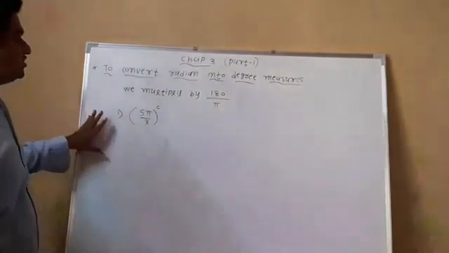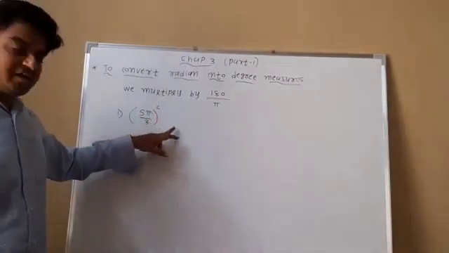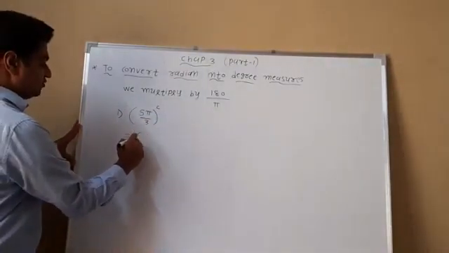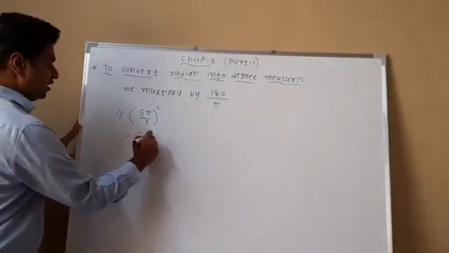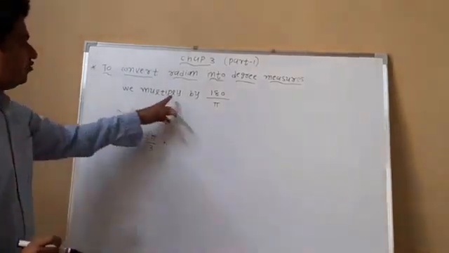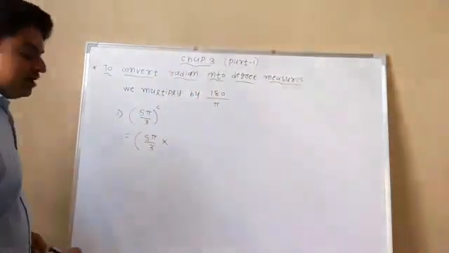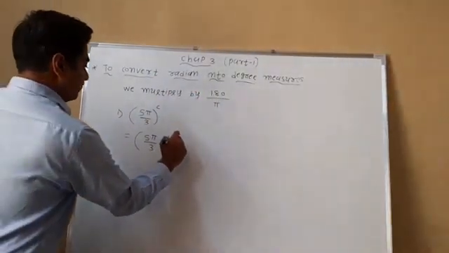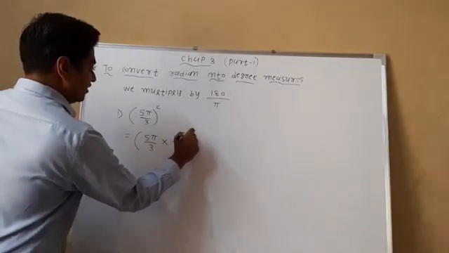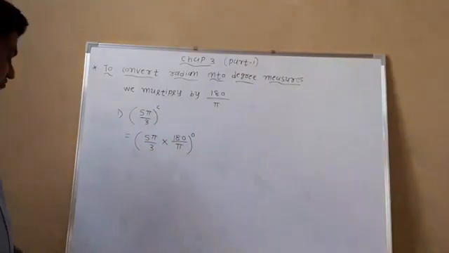Now our question is to convert this radian form into degree form. So how can it be converted? 5 pi upon 3 multiply by 180 upon pi, and here in place of radian we write degree form.